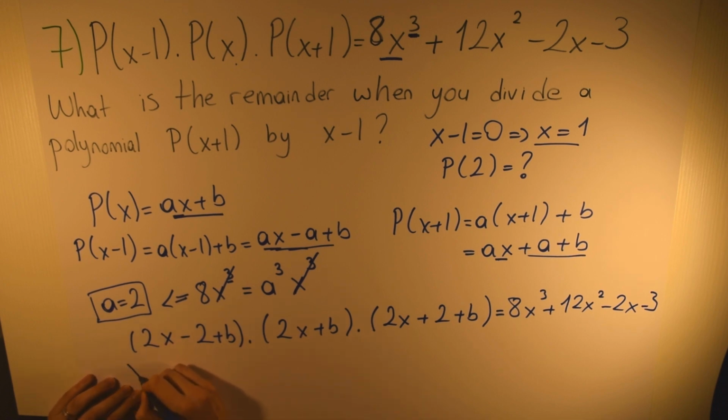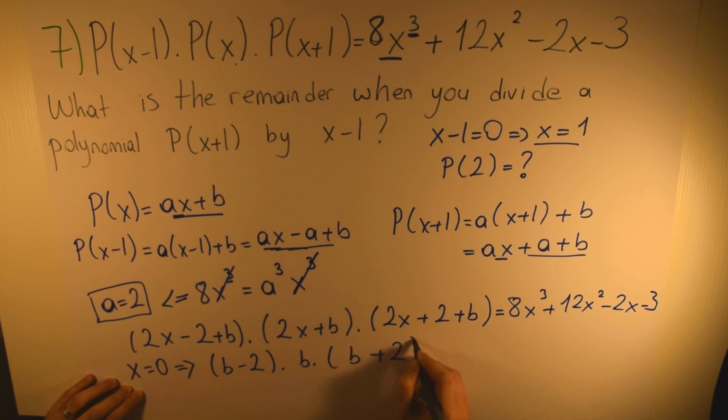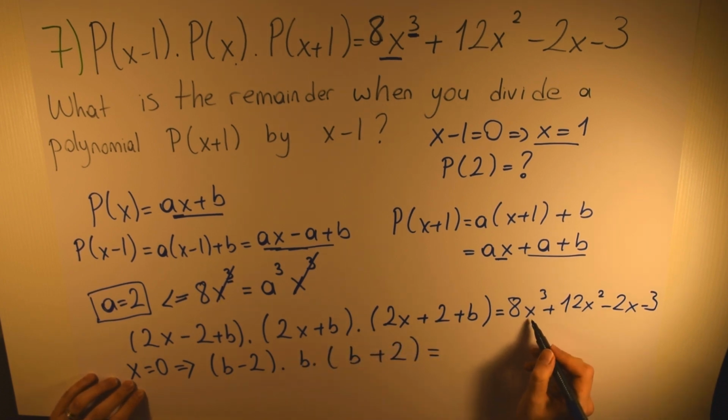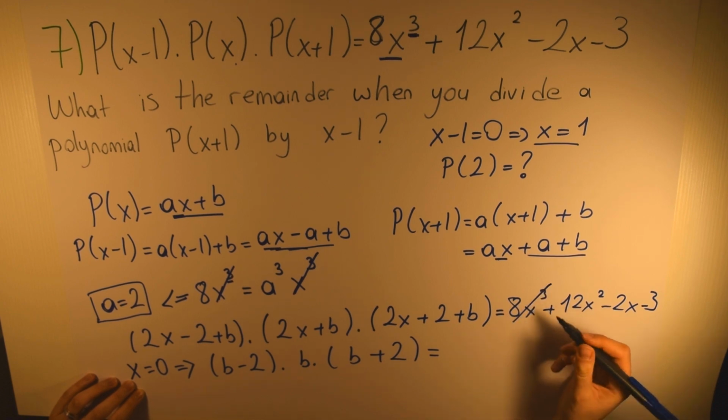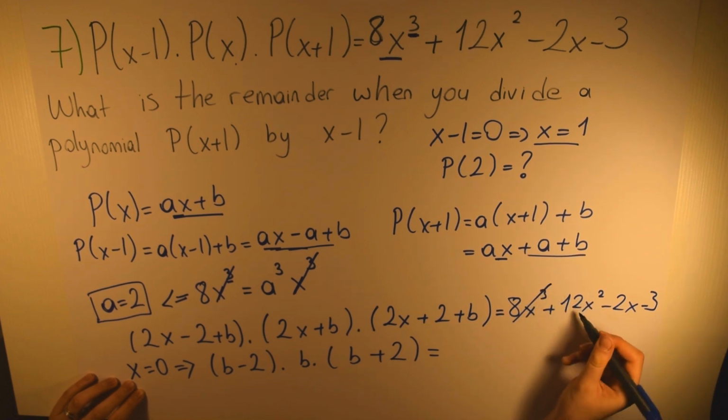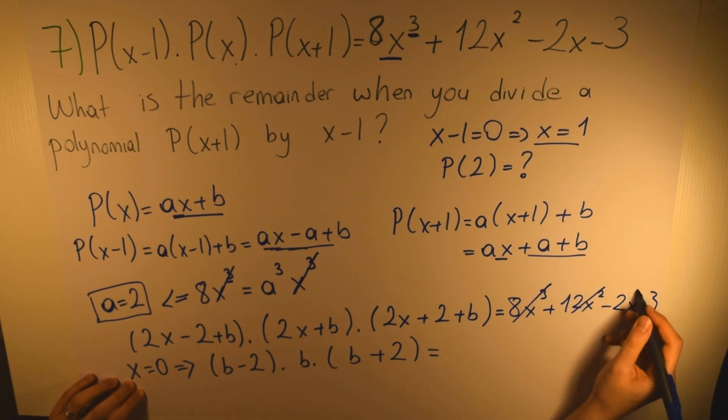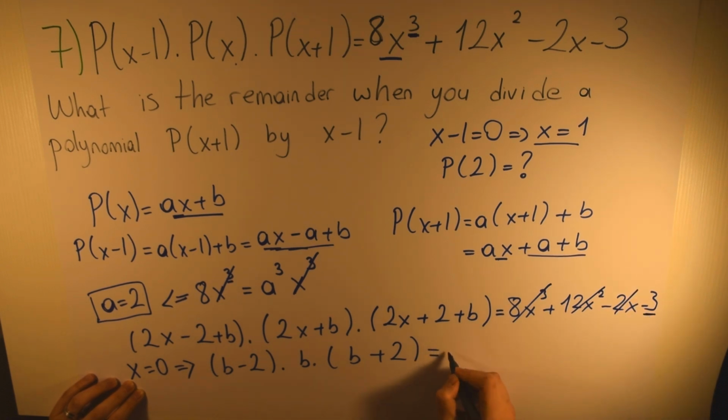When I put 0 instead of x, here I will get b minus 2 times b times b plus 2, which is equal to, when I put 0 here, this will disappear, and then this will also go, and we will only get minus 3, okay.